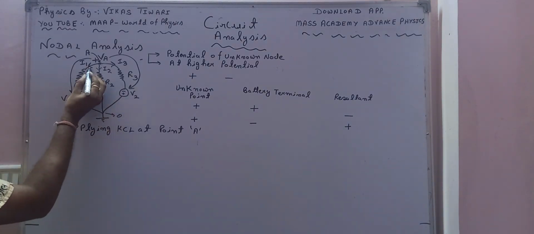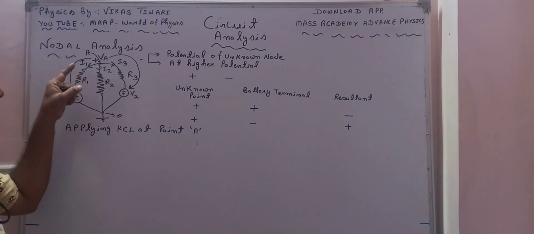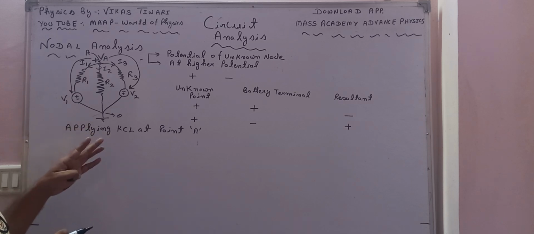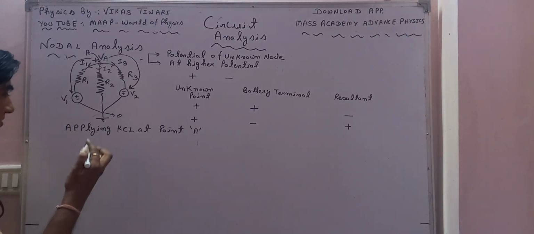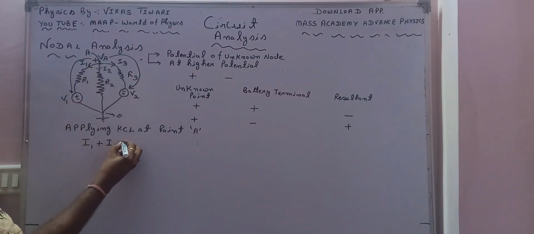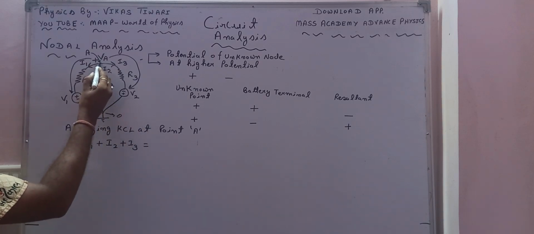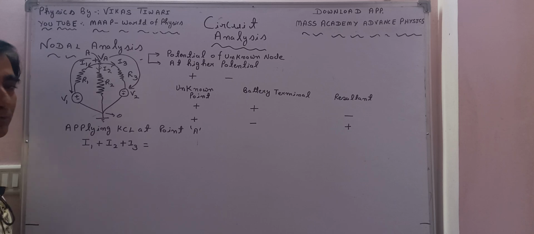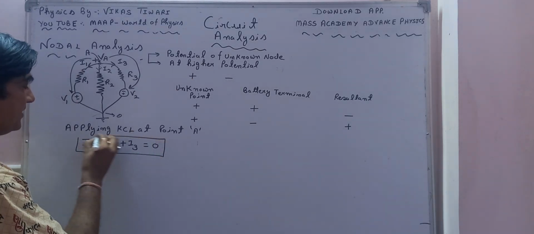When we apply KCL at this point A, by the convention I have already told you, outgoing currents are taken as positive and incoming currents as negative. You can take vice versa also, but I am taking it this way. The outgoing currents are I1 plus I2 plus I3. All three currents are outgoing because I have already taken this point at higher potential. So I1 plus I2 plus I3 is equal to 0.